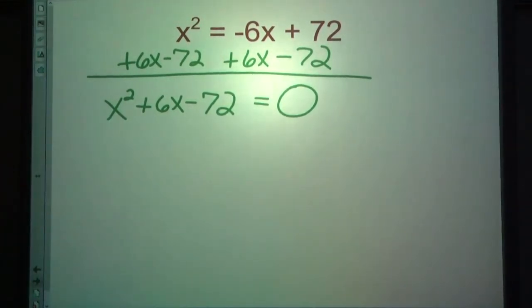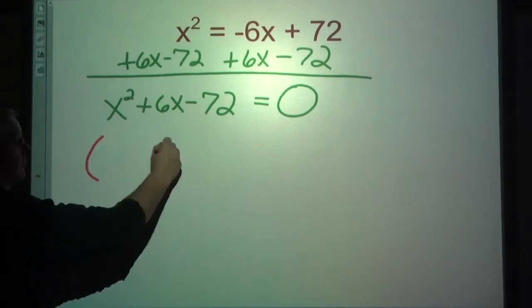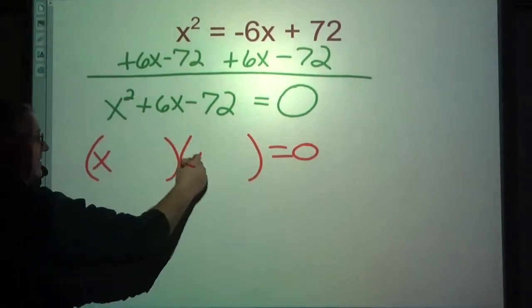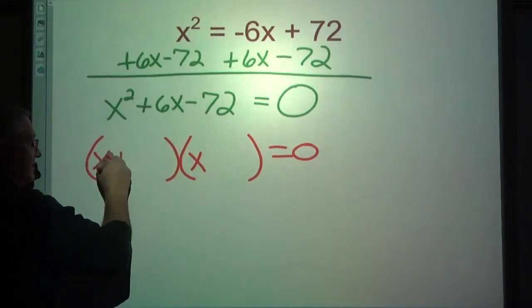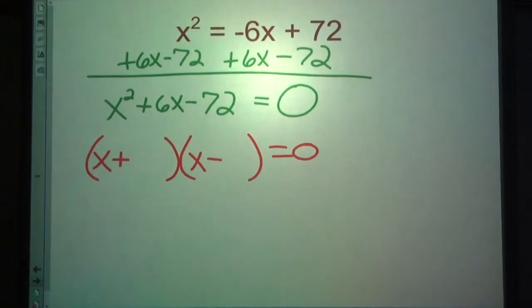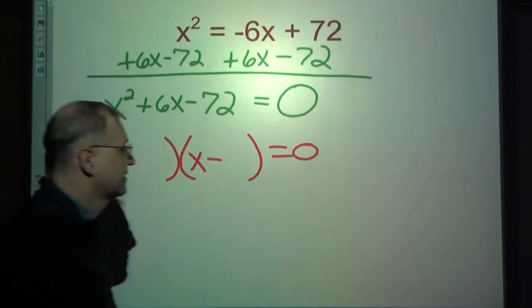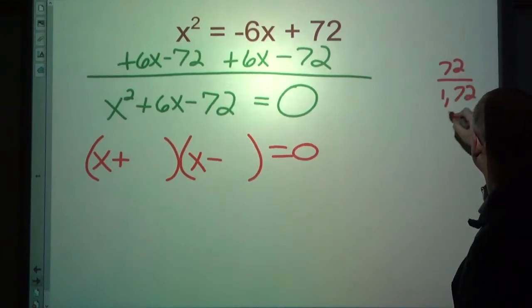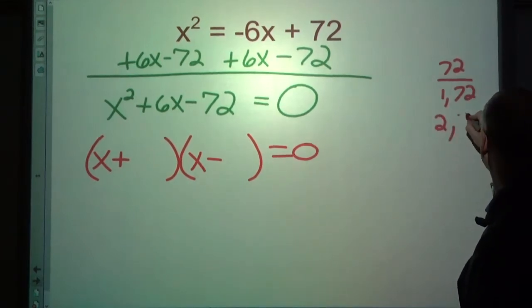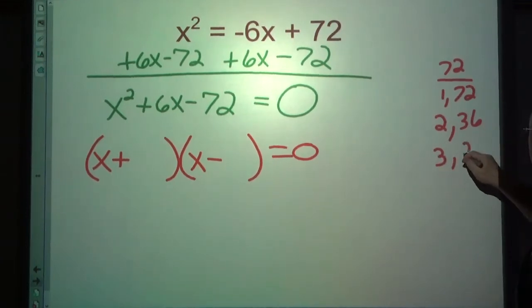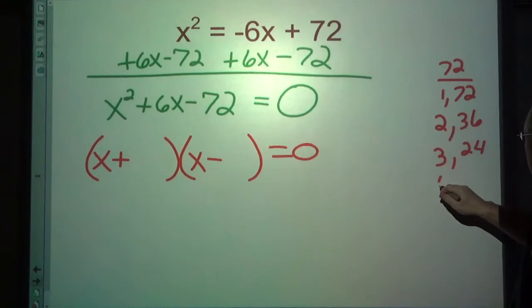Here's where I'm going to factor to two parentheses. I've got my x and x, I've got a plus and a minus, and I need to multiply to 72, differ by 6. Let's see, 72: 1 and 72, 2 and 36, 3 and 24, 4, is it 18?